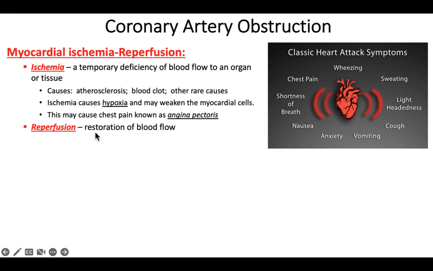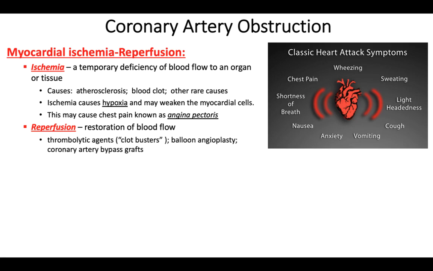So obviously the goal would be to restore blood flow. And the restoration of blood flow is called reperfusion. All right. And that sounds great, and that's something you want to do, is to restore blood flow. That can be done either by dissolving the blood clot, if it's a blood clot that's causing it. We call those thrombolytics or clot busters.